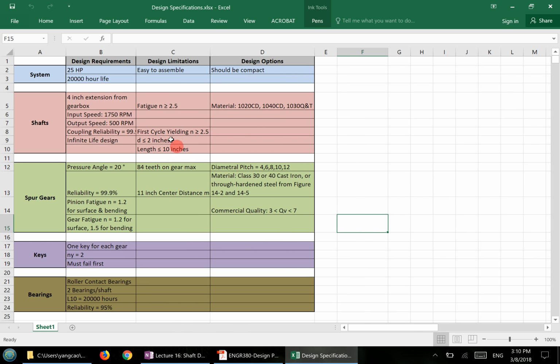You're already given the amount of horsepower here, and also the life in number of hours. And you're designing for a gear ratio of 3.5. Where did they say 3.5?